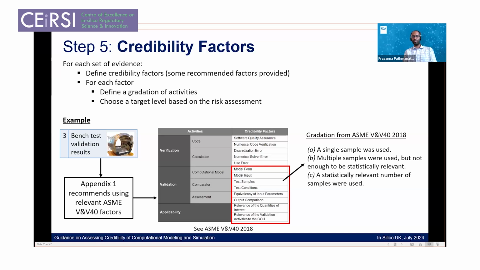So this is the gradation that V&V40 provides as an example for this test sample sub-factor, which is essentially how many samples you are using in your experiments.